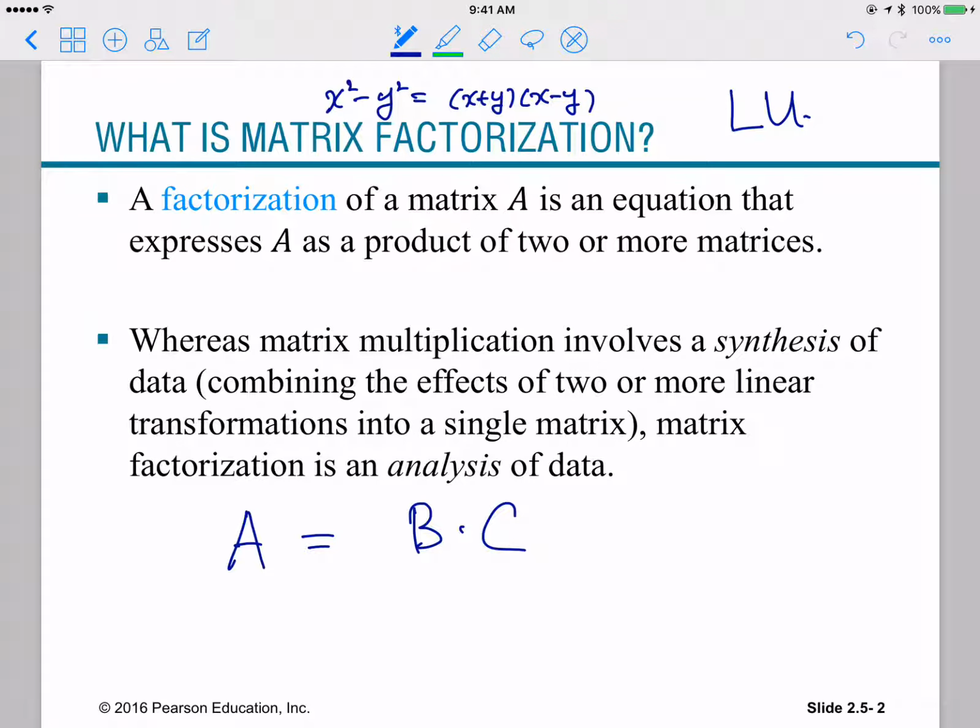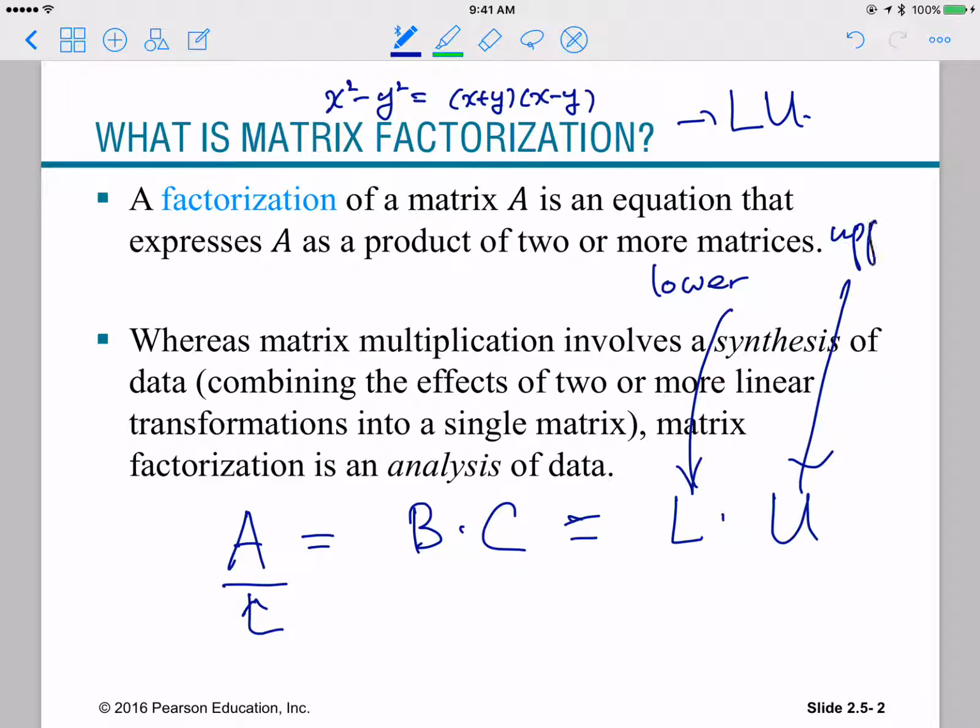Okay, why it is called LU factorization is because we factorize matrix A as some matrix called L and some matrix called U. L is an acronym for lower, and U is for upper. Okay, lower triangular and upper triangular.